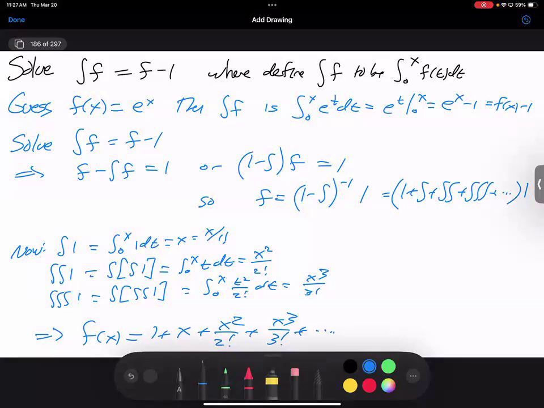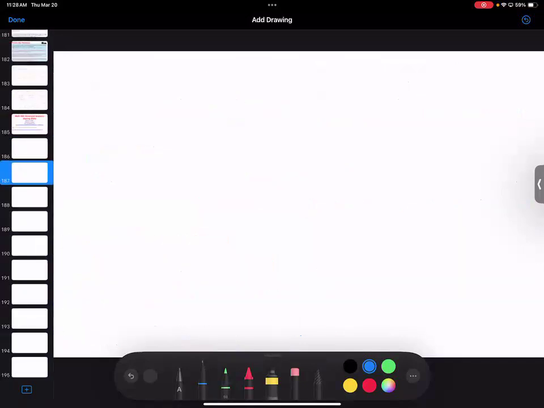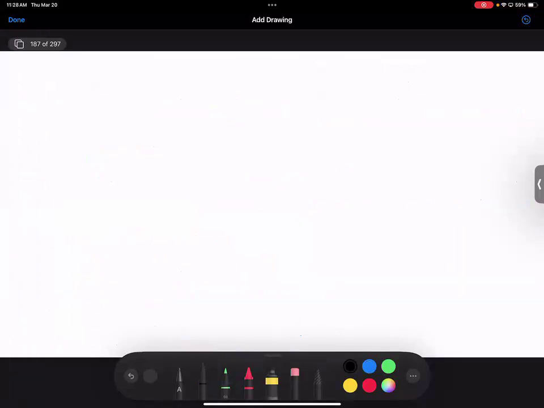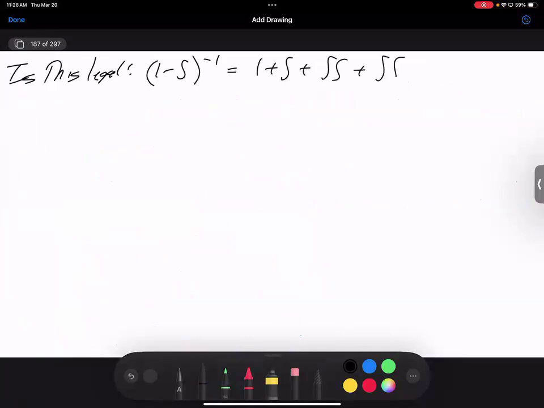So this is a class about order of operations. Am I allowed to replace 1 minus integral inverse with the following expansion? Is this legal? 1 minus integral inverse is 1 plus integral plus integral integral plus integral integral integral plus dot dot dot.